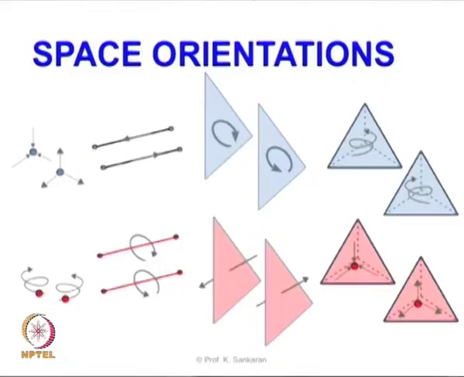The outer orientation is going to be dependent on the embedding space. If you are in a 2 dimensional problem, it is going to be the way we discussed. If you are in a 3 dimensional problem, it is going to be the way we discussed.